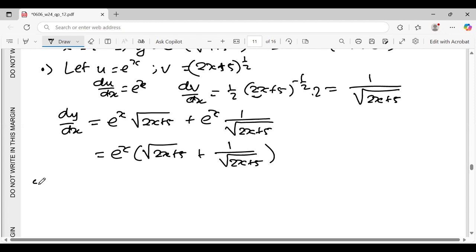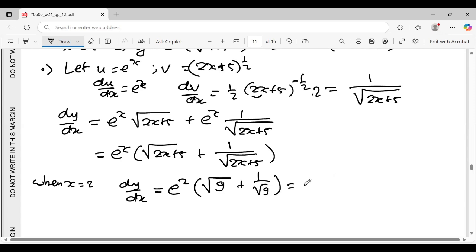So when x equals 2, dy/dx becomes e squared times (the root of 9 plus 1 over the square root of 9). It is e squared times (3 plus 1 third), 10 thirds. So it becomes 10 thirds e squared. So this is the gradient: 10 thirds e squared.